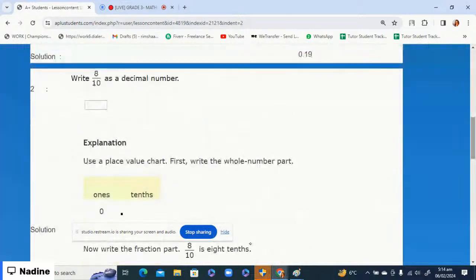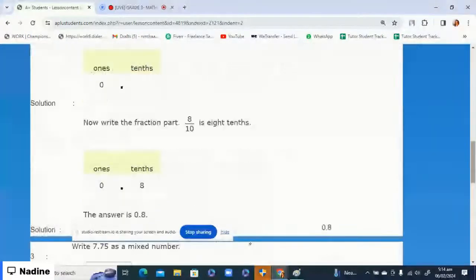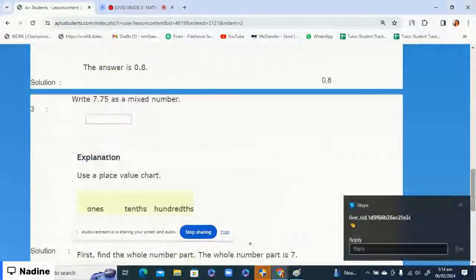Now 8 over 10. Yes, good. 8 over 10 as a decimal number. As we know, 8 is on the tenth place, because 8 over 10 shows that 8 is on the tenth place. So we just need to put 8 on the tenth place and then it becomes 0.8.